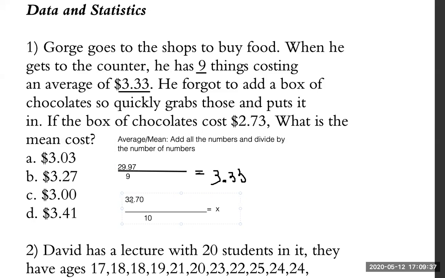And when you divide 32.70 by 10, what do you get? 3.27. You guys get it? Awesome. So this is a trick question. This is a pretty hard question.